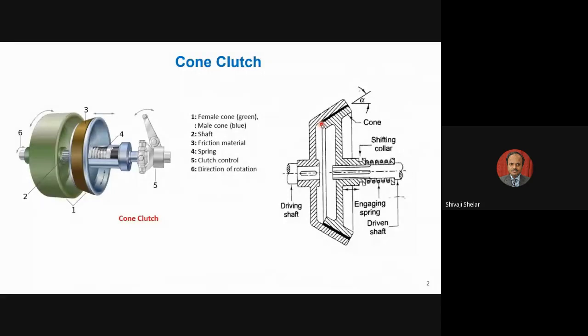Since both the shafts are rotating, the peripheral speed at this point, at this point, and at this point will depend upon the radius, because they are rotating at constant RPM. So the tangential velocity at each point will be directly proportional to radius. So here you will find the velocity is low, here you will find the velocity is maximum.